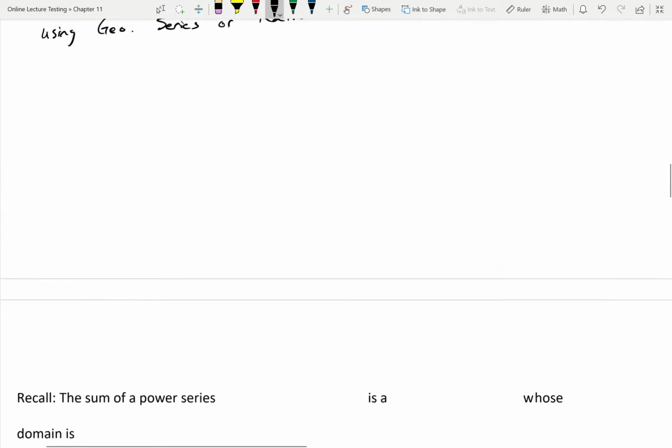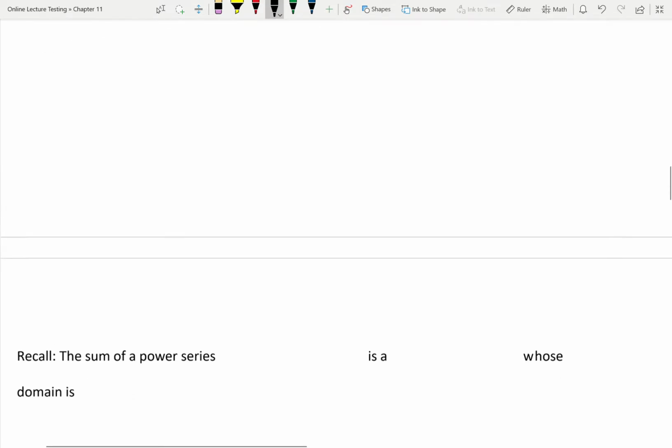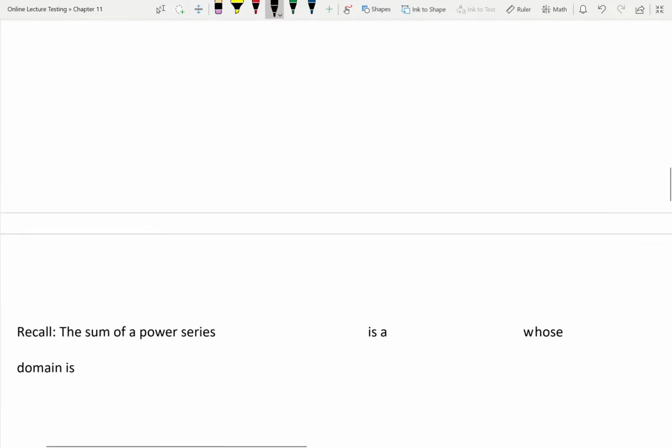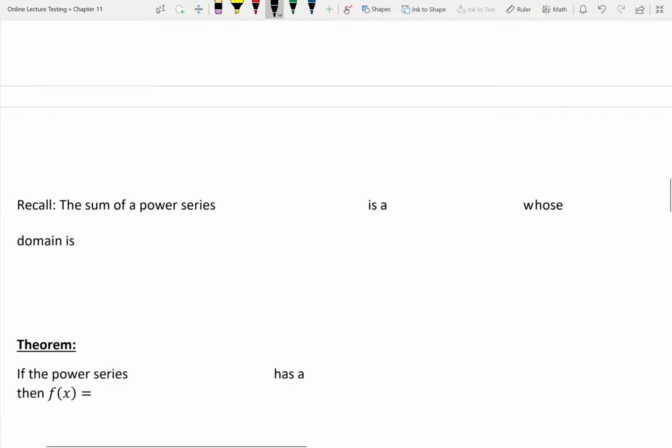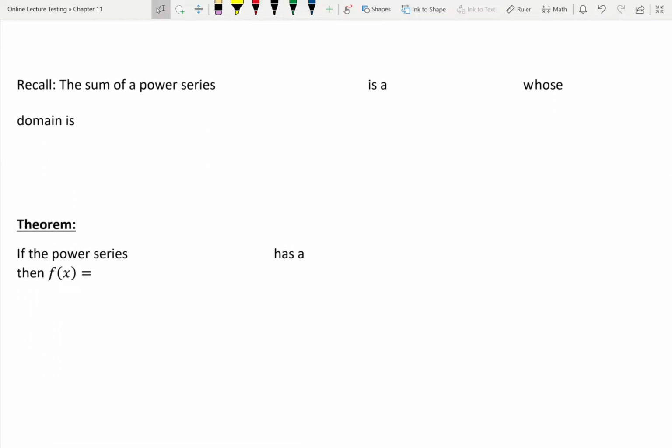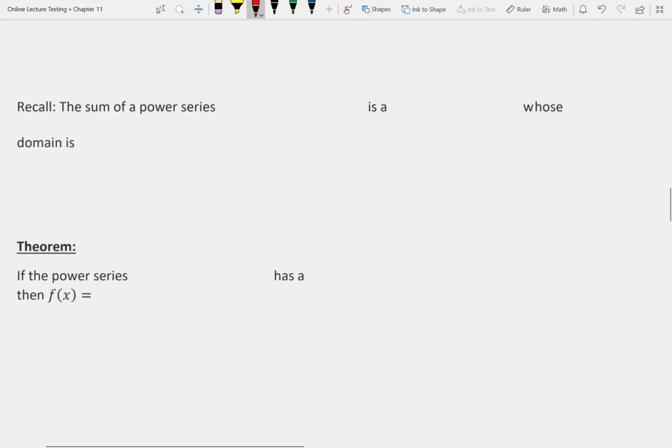All right. So moving on. The sum of a power series. So again, think about what we talked about in the previous section, 11.8.